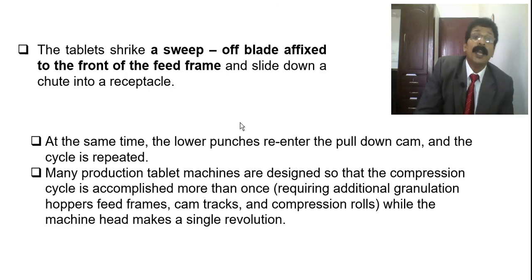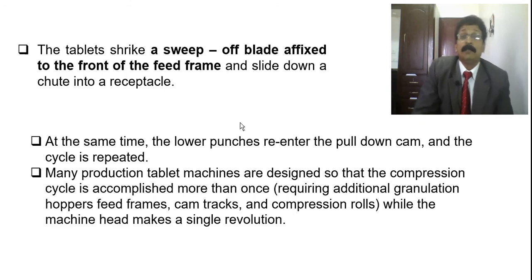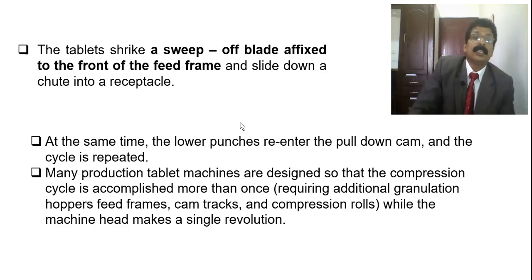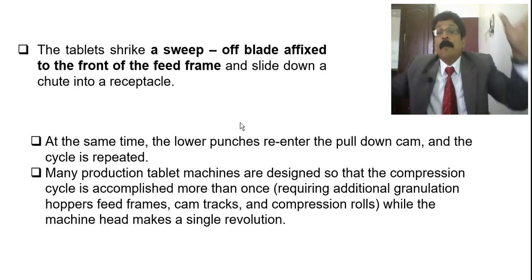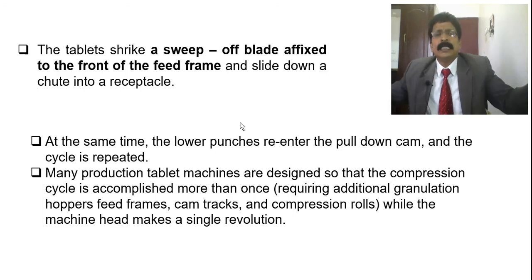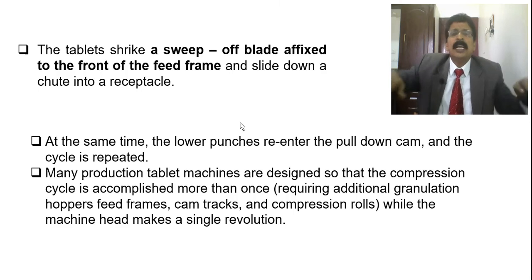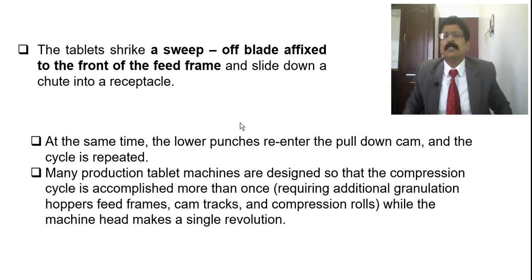Many production tablet machines are designed so that the compression cycle is accomplished more than once. This requires additional granulation hopper feeders, sometimes 2 hopper feeders and 2 compression stations, that is 2 hoppers and 2 feed frames kept in the same machine. There are larger machines also.